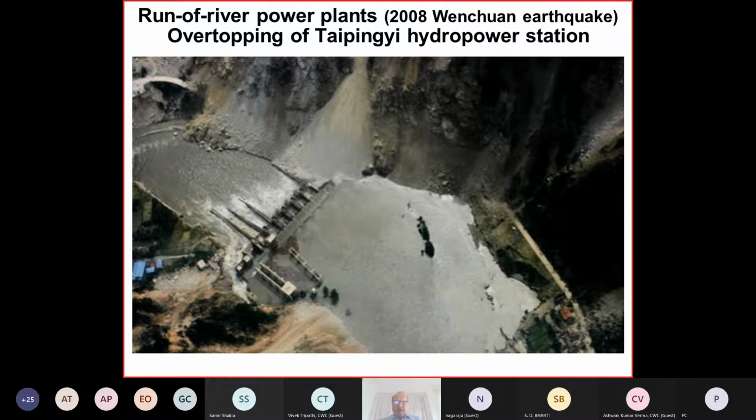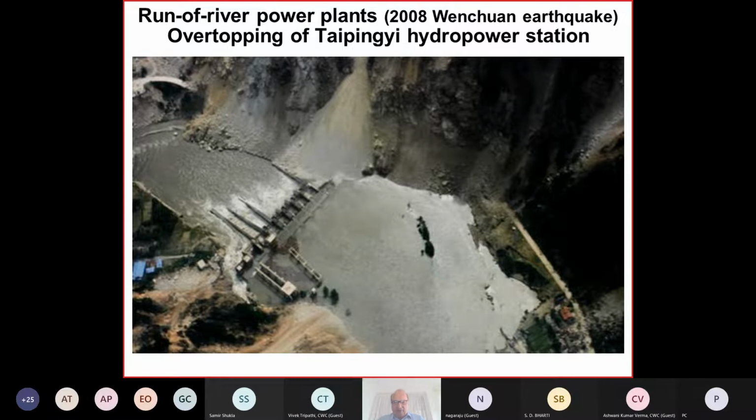But in case you have, let me say, overtopping of 4 meters on a 10 meter high, or let me say 50 meter high gravity dam, then 4 extra meters will probably increase the total water load on that dam very substantially, and the sliding stability may no longer be okay.